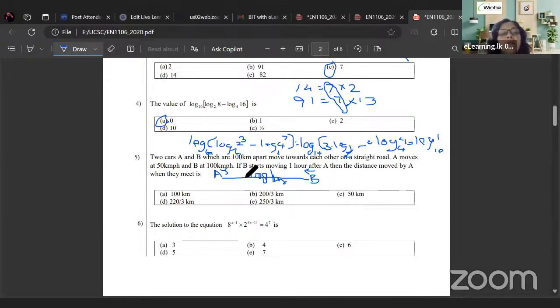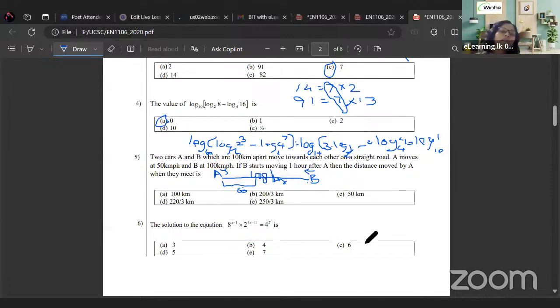B starts 1 hour after. Then by the time 1 hour has passed, how far has A come? A has come 50 kilometers. Right? A has already come 50 kilometers when B starts.